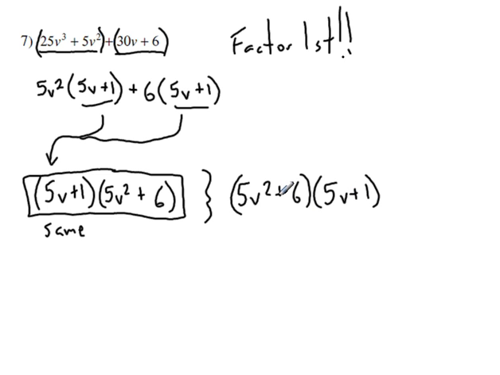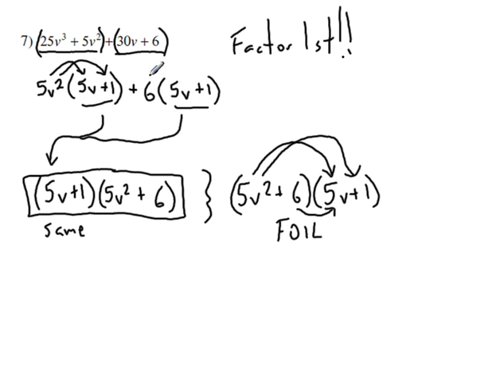If you did the FOIL method, you would do 5v squared times 5v, which is this step. Then you would do 5v squared times 1, which is this step. Then you would do 6 times 5v, which is this step.